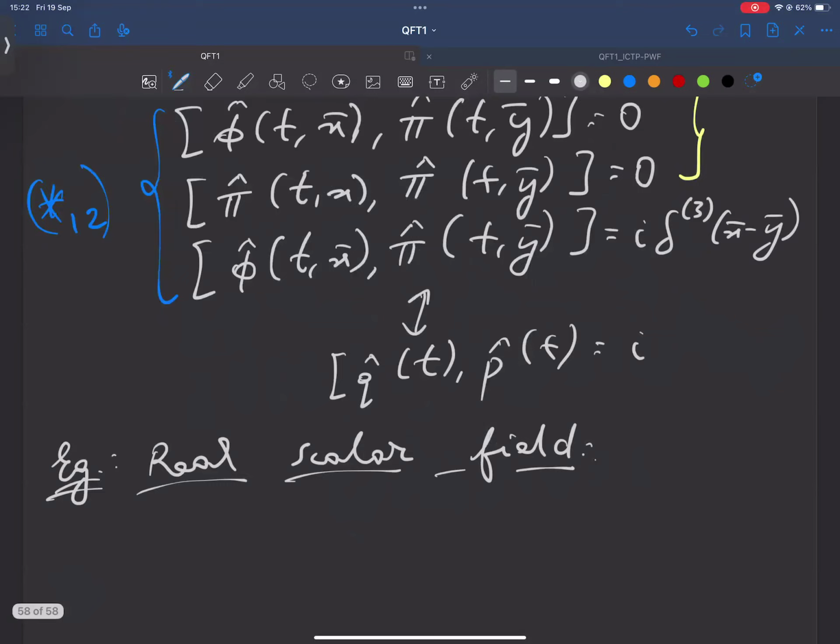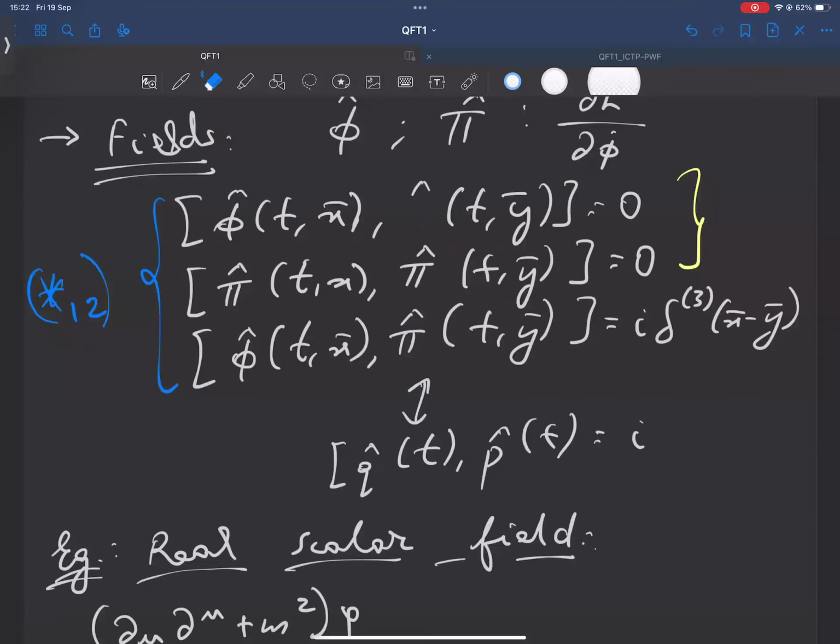Now recall that for a real scalar field, the equation of motion was this, right? M square phi. Oh, sorry. Yes, it should be phi.